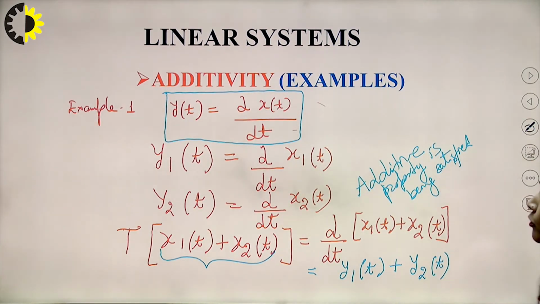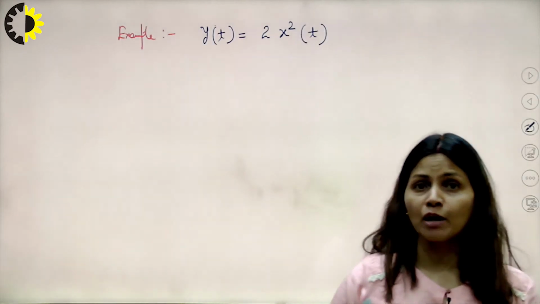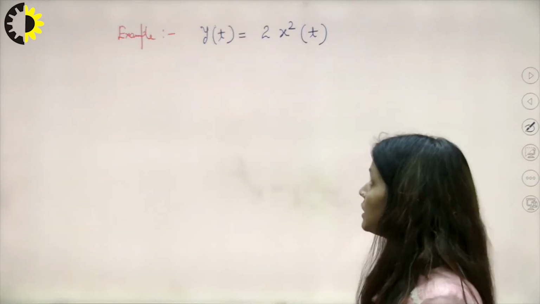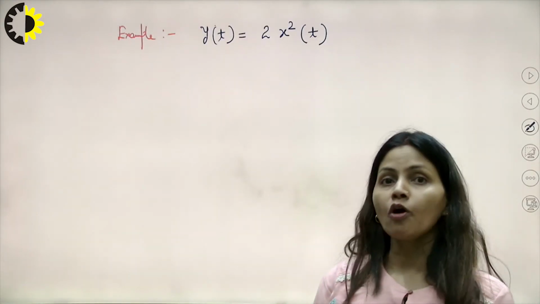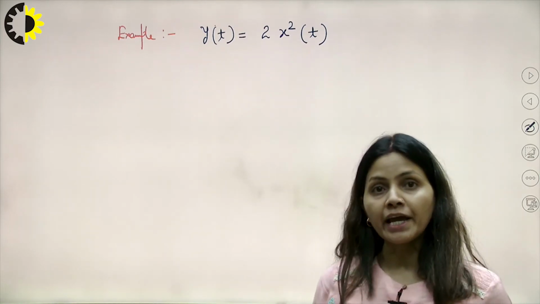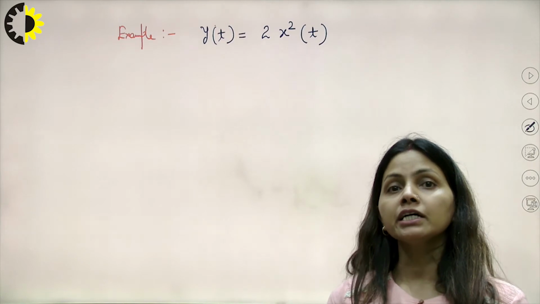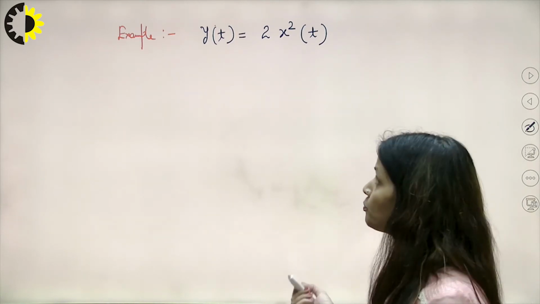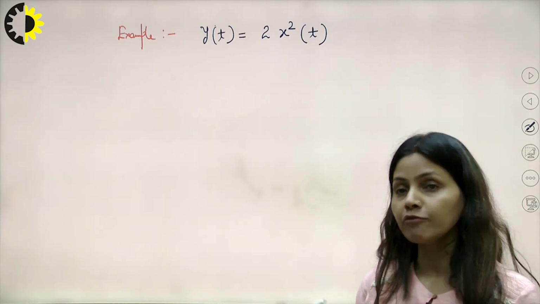Now, coming to one more example, let us consider y(t) equal to 2 of x squared(t). Let us take two inputs x1(t) and x2(t), and the corresponding outputs would be y1(t) and y2(t).